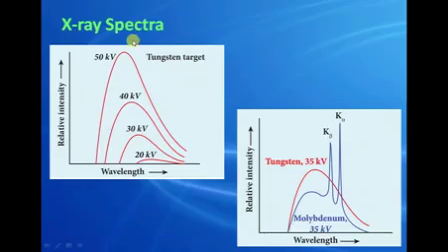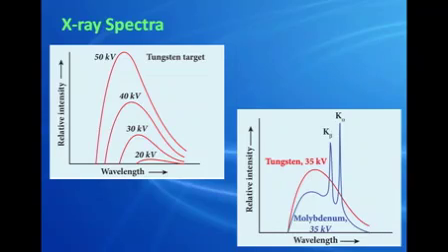Next we are going to see X-ray spectra. When fast moving electrons strike the target material, it produces X-rays. When the intensity of X-rays is plotted against wavelength, it gives a curve called the X-ray spectrum. The X-ray spectrum consists of two parts: one is the continuous spectrum, and the second is a series of peaks superimposed on it.